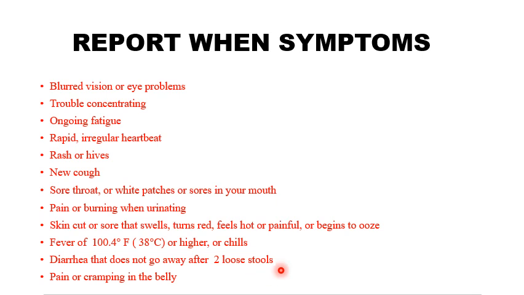When any of these symptoms arise, you have to immediately seek medical attention.